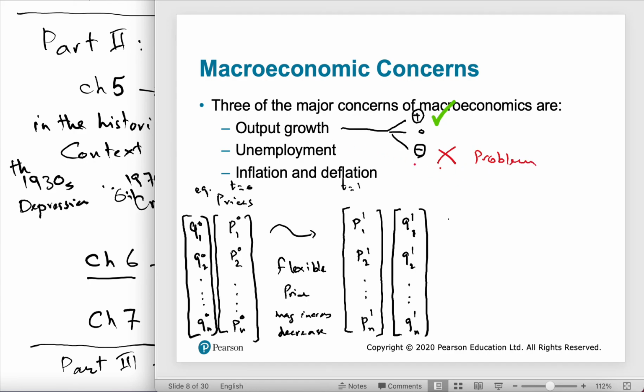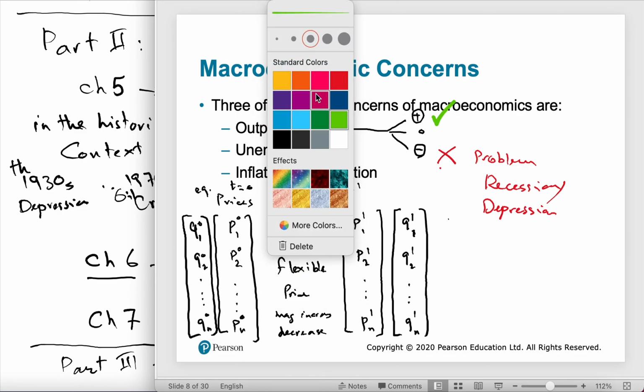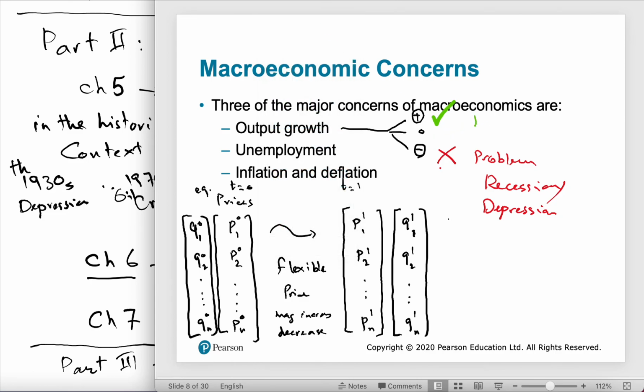We call this negative growth a recession, and if it's severe, it becomes a depression. So recession or depression. And if we are doing well, actually we say this is a boom, or we are in expansion.